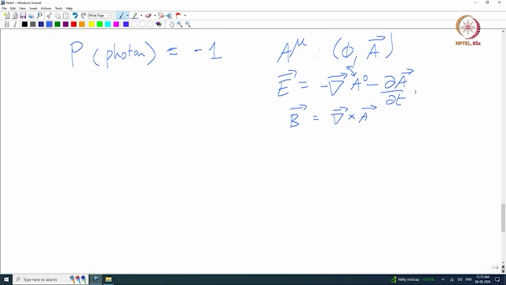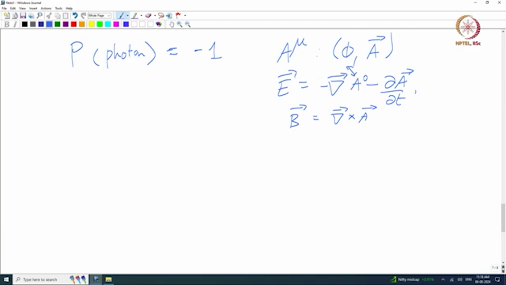And you know that the electric field flips sign. So you can see this already. So A flips sign, and both the components of A flip sign. The magnetic field doesn't flip sign, and the 3 vector part has to flip sign because the grad flips, right?